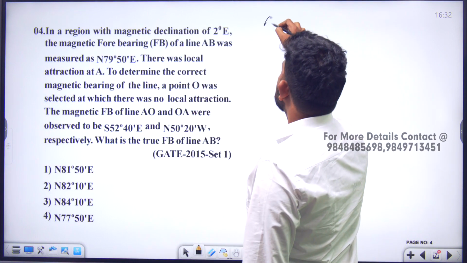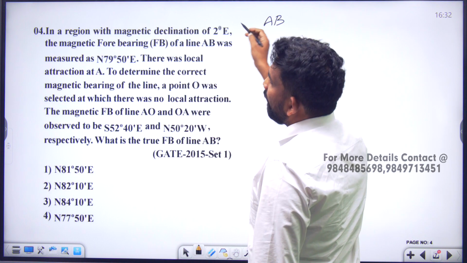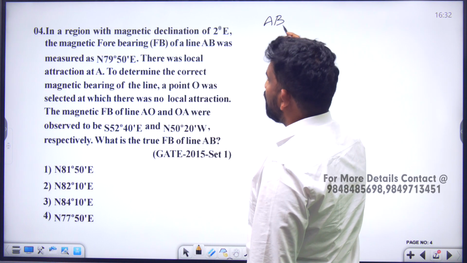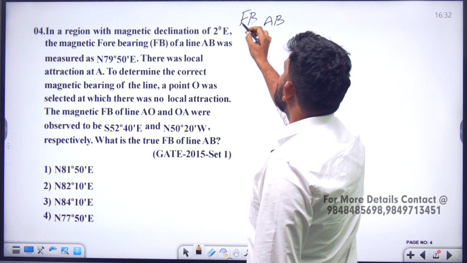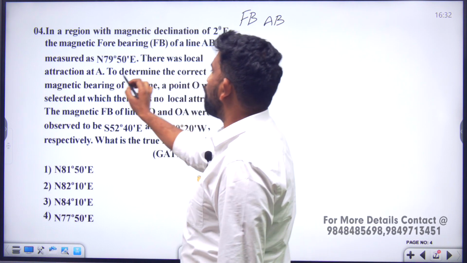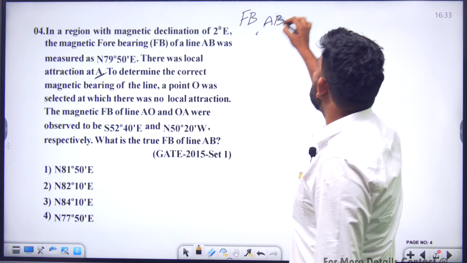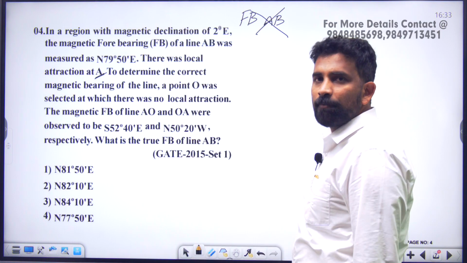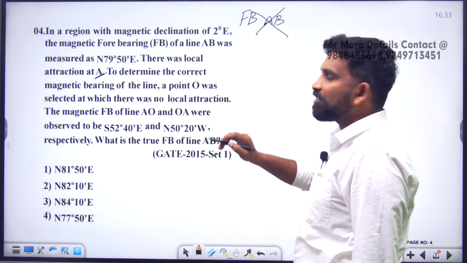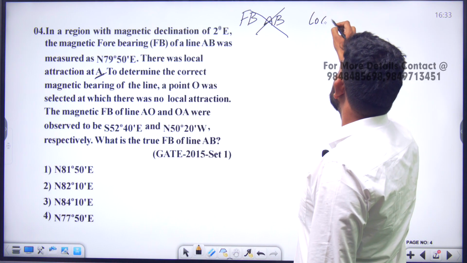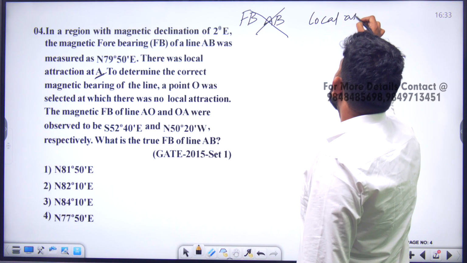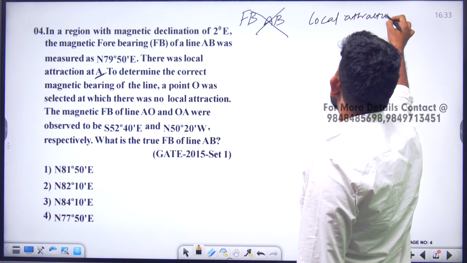Now he said that there was a line AB, and for this line AB the forebearings were taken here, but he says that there was a local attraction at A. So whatever bearings we are taking from A are wrong, because there is some local attraction, and because of this local attraction there will be an error.